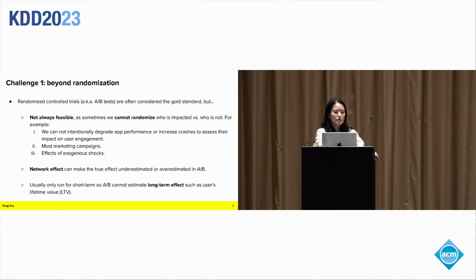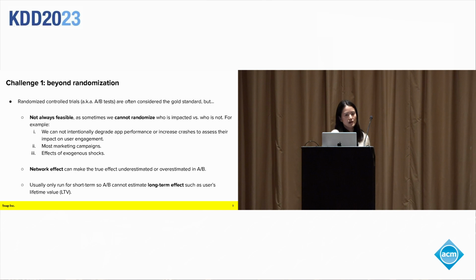For most marketing campaigns, we cannot randomize users. Users who are more likely to be exposed to the campaigns could be so because they live near a billboard or they are from some high school.